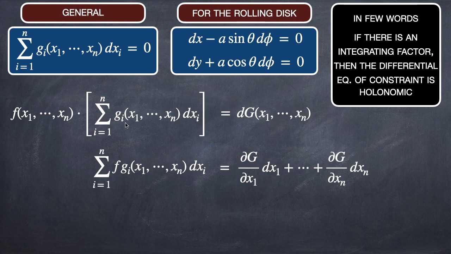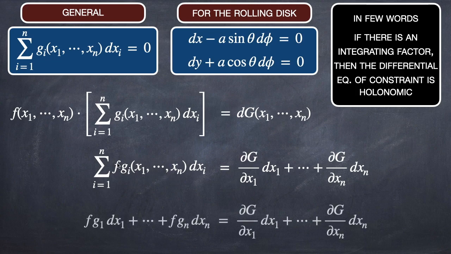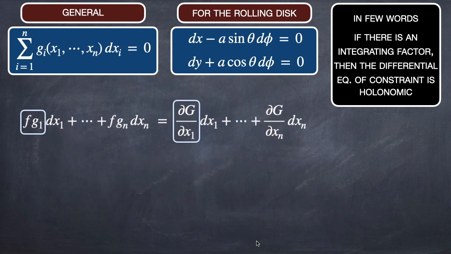And on the left-hand side, we can write the function f multiplying each term of the summation. Explicitly, this summation is f g1 dx1 plus f g2 dx2 and so on. And we will identify the term multiplying the differential dx1, which is f g1, as the partial derivative of g with respect to x1. And we will do the same for the other terms.